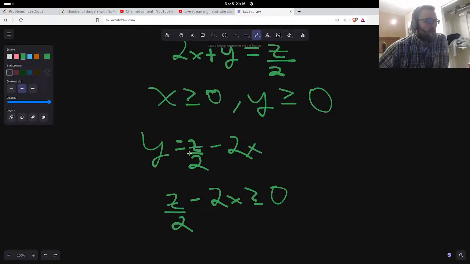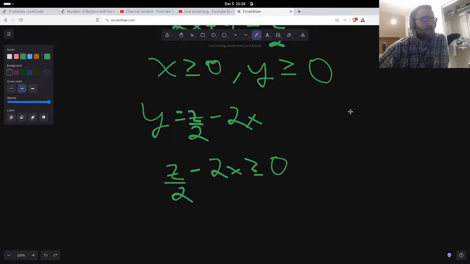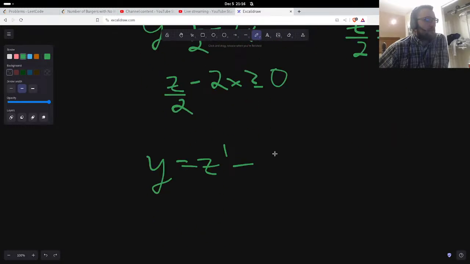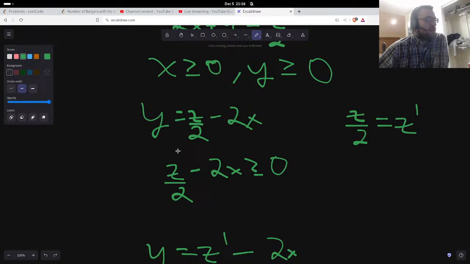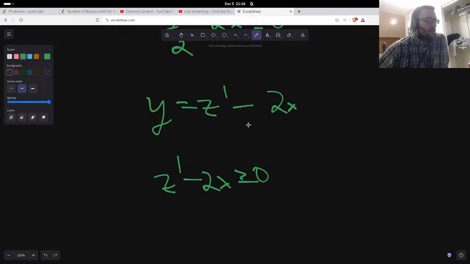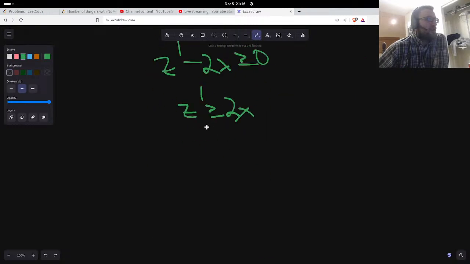Alright. So y is z over 2 minus 2x. And then say z over 2 is z prime. So now y is z prime minus 2x. And if we want z prime minus 2x to be greater than or equal to 0, then we need z prime to be greater than or equal to 2x, which is to say that x is less than or equal to z prime over 2.